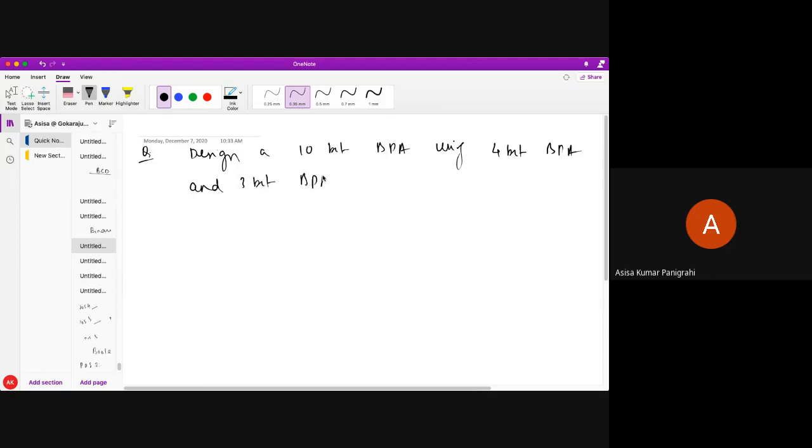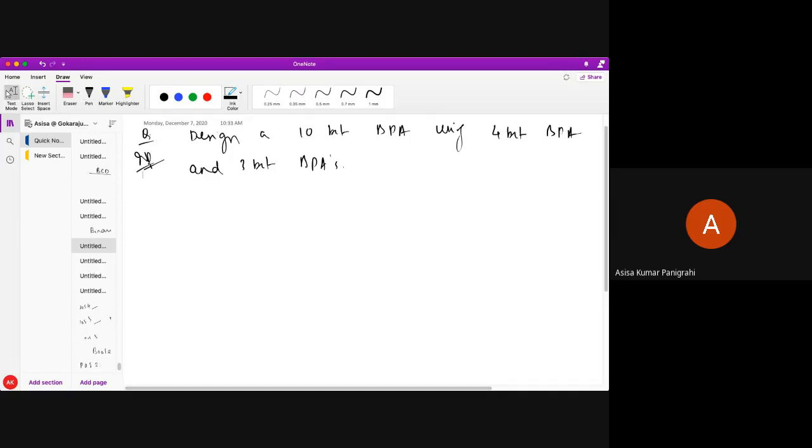So what you need to do? This is also a very important 5-mark question, students. What you need to do is design a 10-bit BPA using 4-bit BPA and 3-bit BPA. So what is our requirement here?